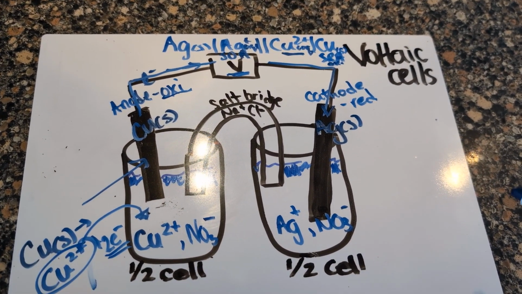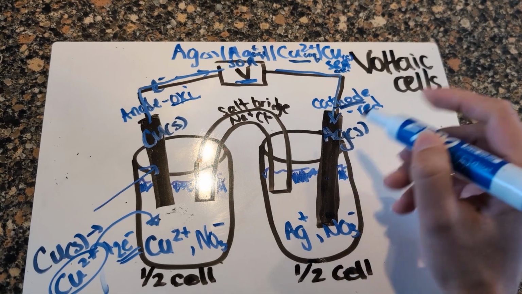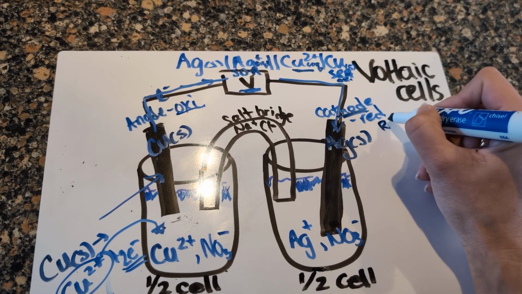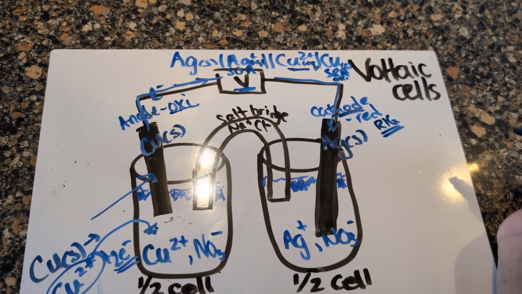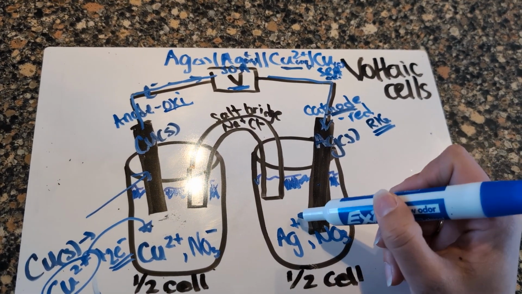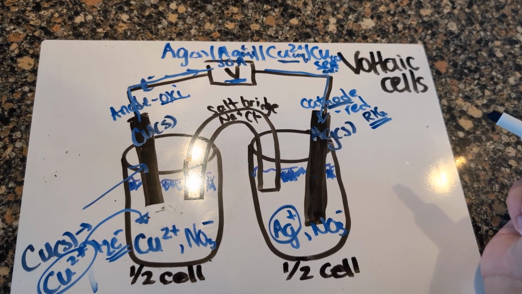Now, on the other side, the cathode, it is gaining electrons, right? And that's what reduction is. Reduction, we know, if we're looking at RIG, is the gain of electrons. So as electrons come over here, it is going to attract the positive ions from the solution.